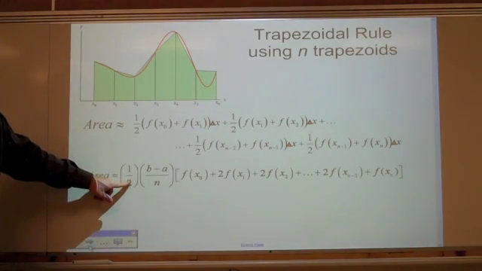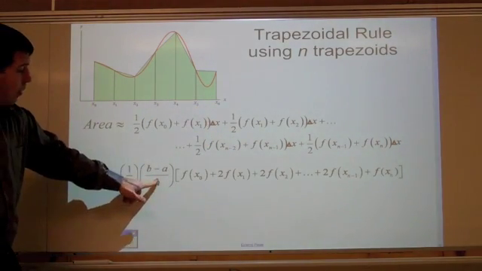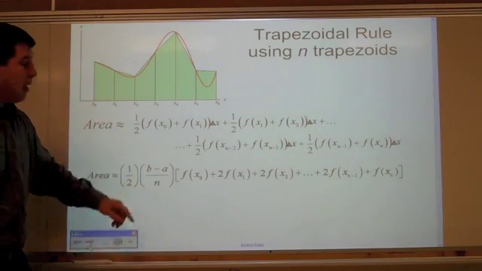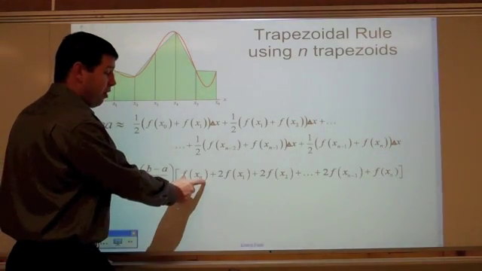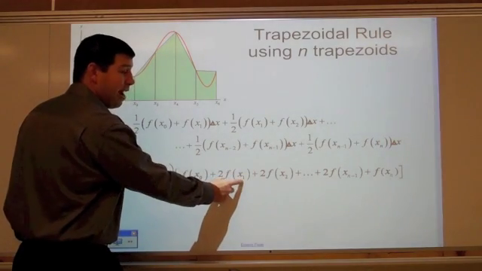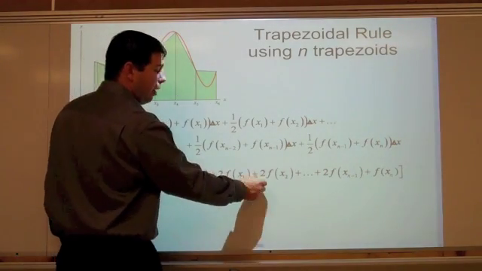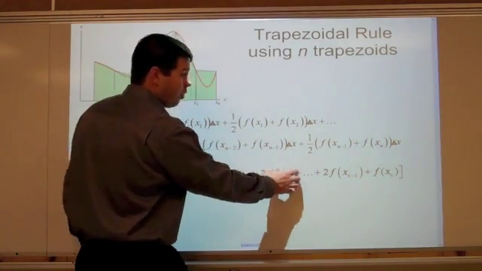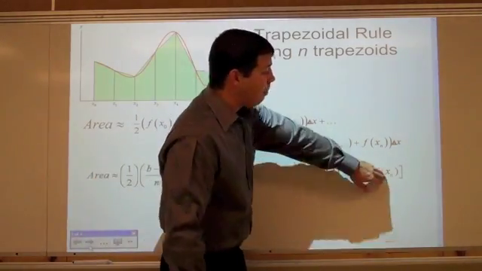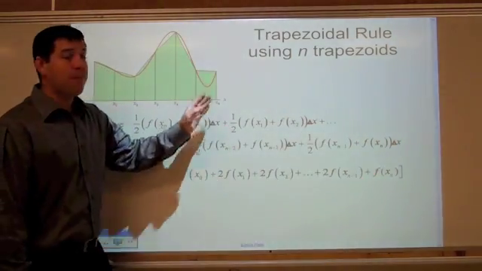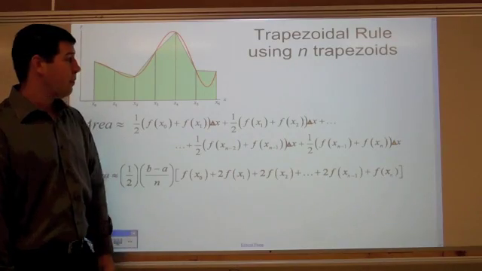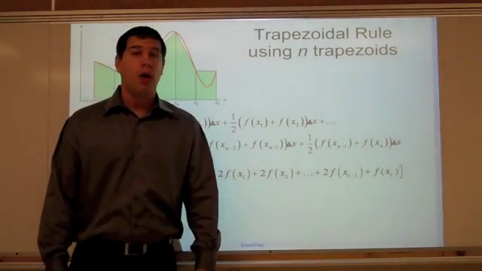So you get 1/2 times the height of the trapezoid, b minus a over n, times the value of the function at the first x, plus twice the value of the function at the second x, plus twice the value at the third x, all the way through, and then at the end, plus 1 value of the function at the end point. And that's the trapezoidal rule.